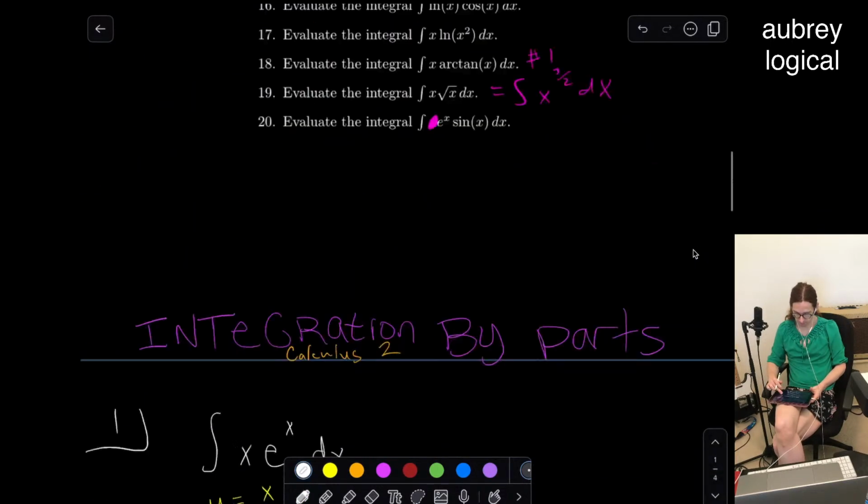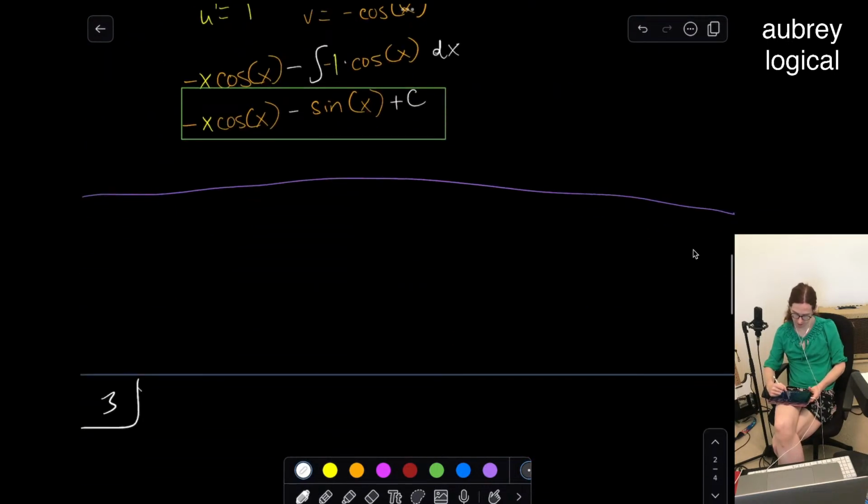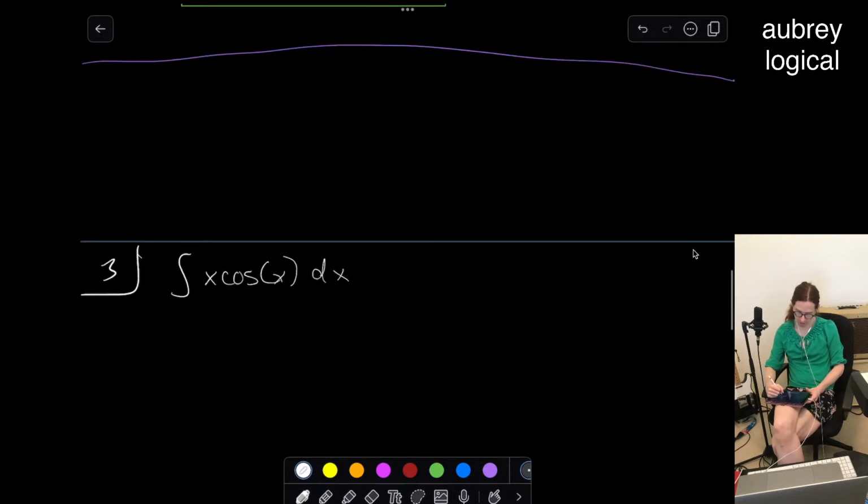Number 3, x times the cosine of x dx. Okay.